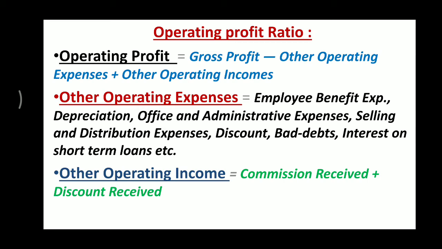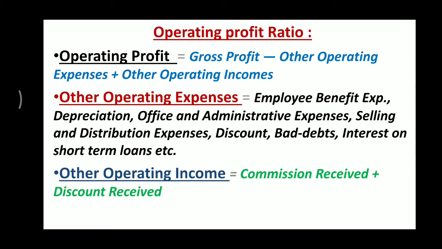The profit derived from this formula will be termed as operating profit, because you have to keep in mind that apart from operating expenses, there are some non-operating expenses also. Apart from operating income, there is some non-operating income also, but non-operating expenses and non-operating income are not supposed to be adjusted in gross profit for the calculation of operating profit.